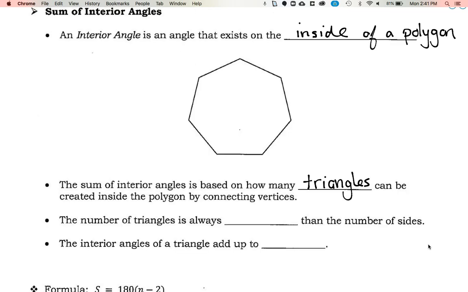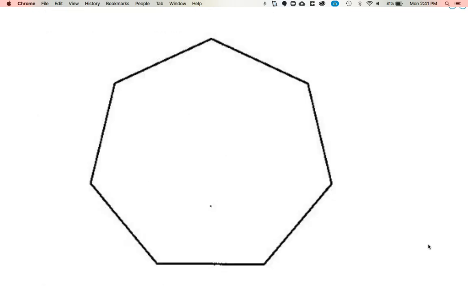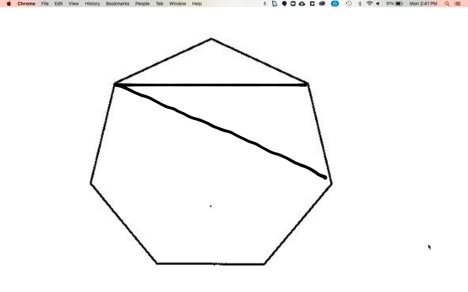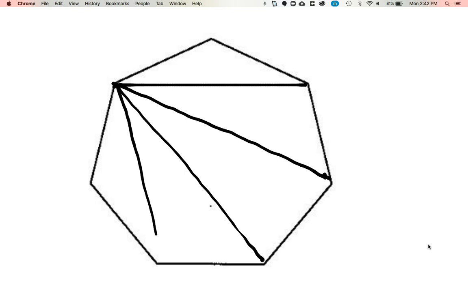And when we say connecting vertices, there's a triangle, there's a triangle, and that wasn't very good. There's one. So we have 1, 2, 3, 4, 5.